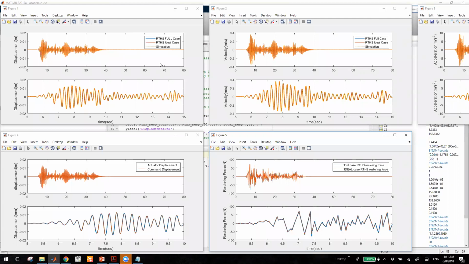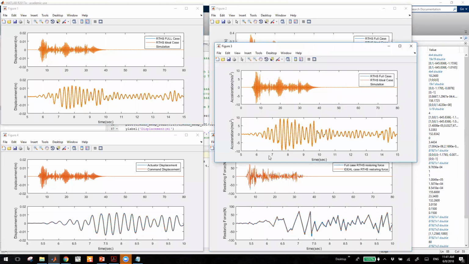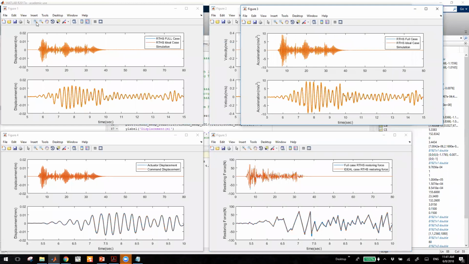You can see that the displacement, velocity, and acceleration of these 3 different types of simulation actually match each other.